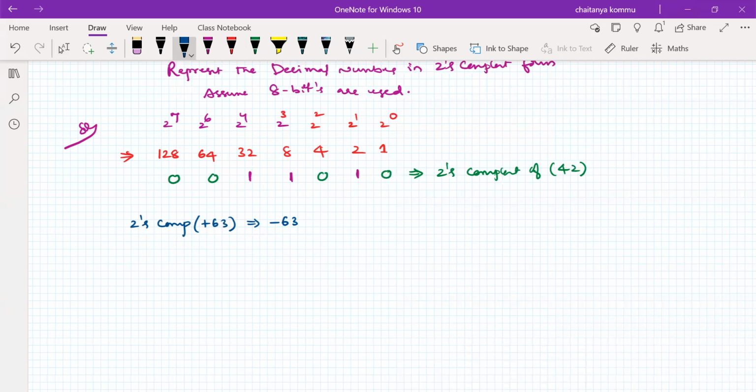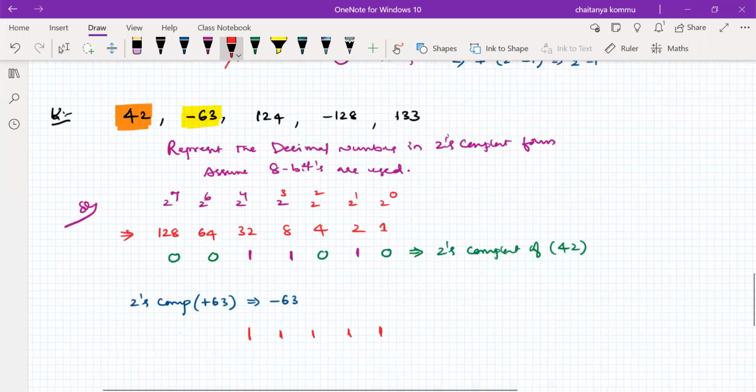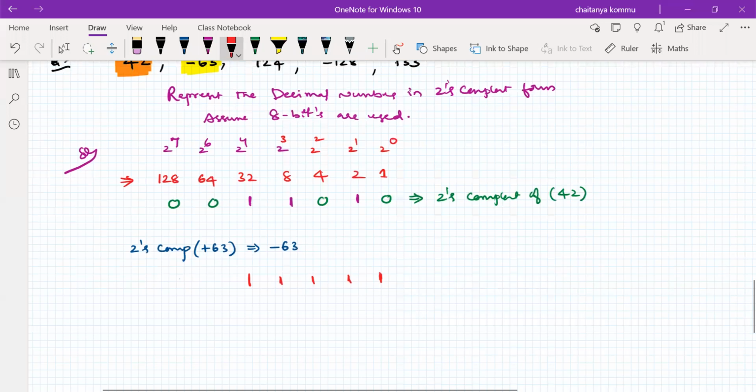What can we do? 64 is not required. 32, 8, 4, 2, 1. What is the value? 47? 32 plus 8 is 40, 40 plus 4 is 44, and so on. 47.